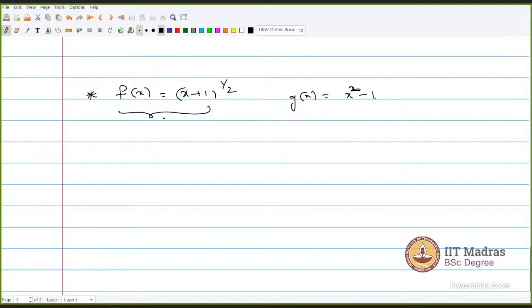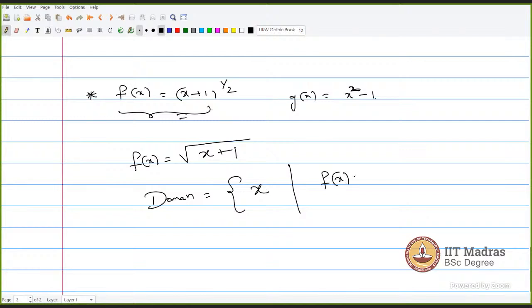If I have to find the domain of f of x, which is under root x plus 1, our domain is the set of all x such that when I compute f of x, it should belong to real values. Those x values will belong to the domain.